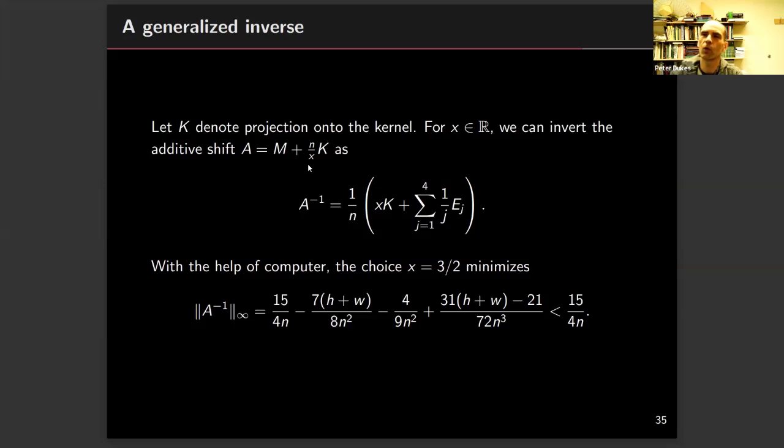Infinity norm is the maximum sum of the absolute values along any row, and maybe you'll believe me, it takes some computation, but you can get an upper bound that is basically big O of n to the -1 here, and the constant happens to be 15/4 for this choice of x that I picked here.